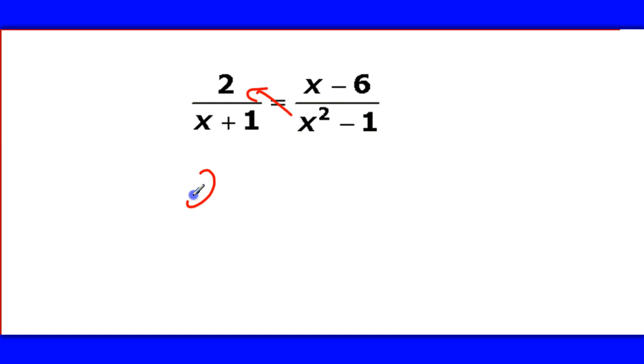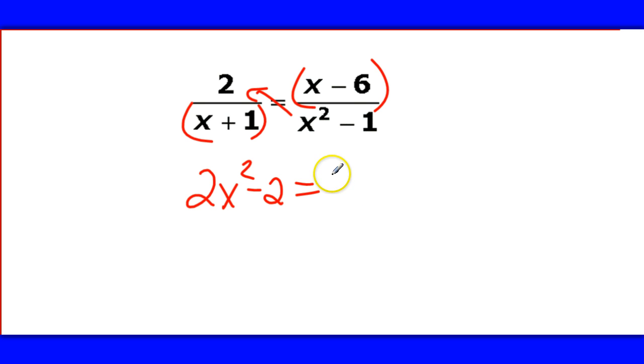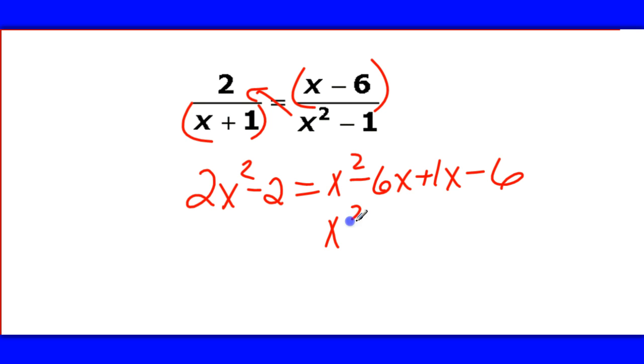And this is going to give me a 2x squared minus 2 is equal to, now this is a binomial times a binomial, so I have to use FOIL. So that's going to give me x squared minus 6x plus 1x minus 6, which is going to give me x squared minus 5x minus 6 is equal to 2x squared minus 2.